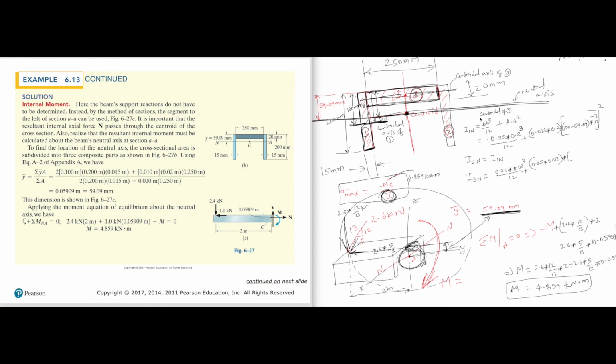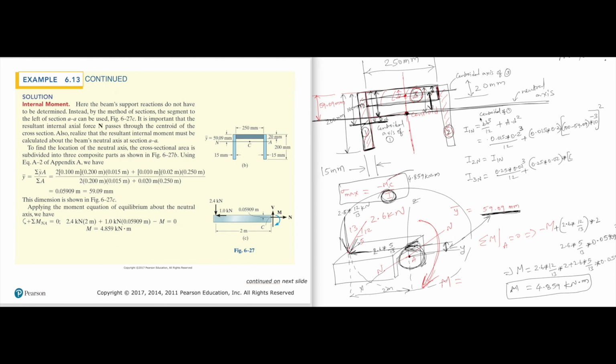How much is d squared? That means, what is this distance? The total is 59.09, and that is 10. This is 10. That is 59.09. How much is this?